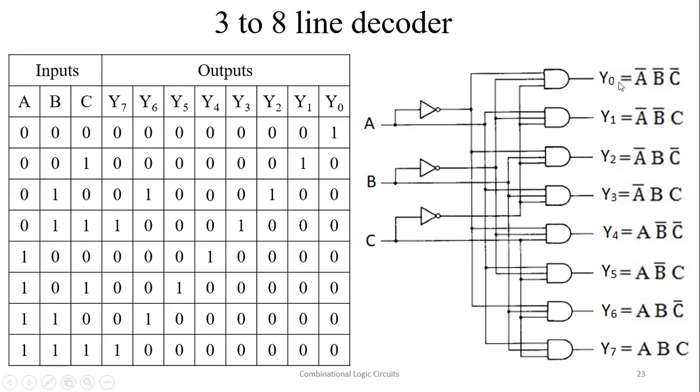So Y0 is equal to A bar, B bar, C bar. If all these bits are 0 0 0, this will be 1, this will be 1, this will be 1, and only this gate output will be 1 and the remaining outputs will be 0. So this is the implementation of the 3 to 8 line decoder.